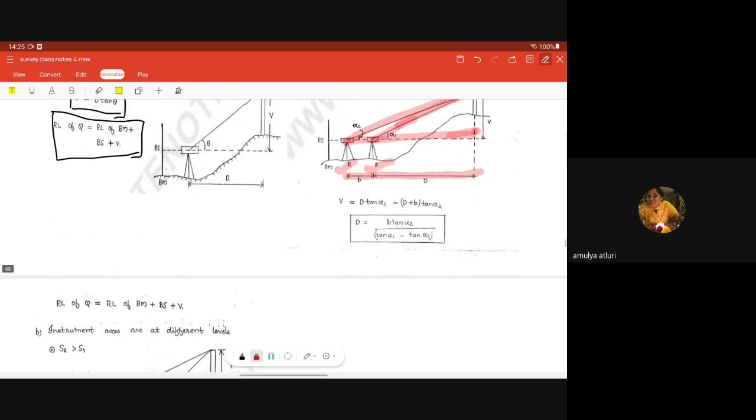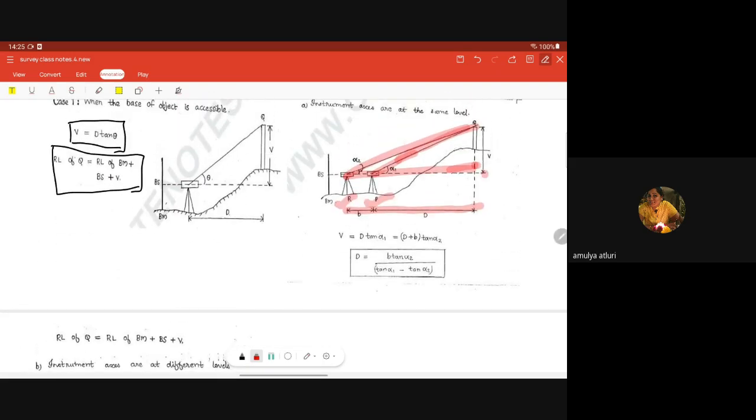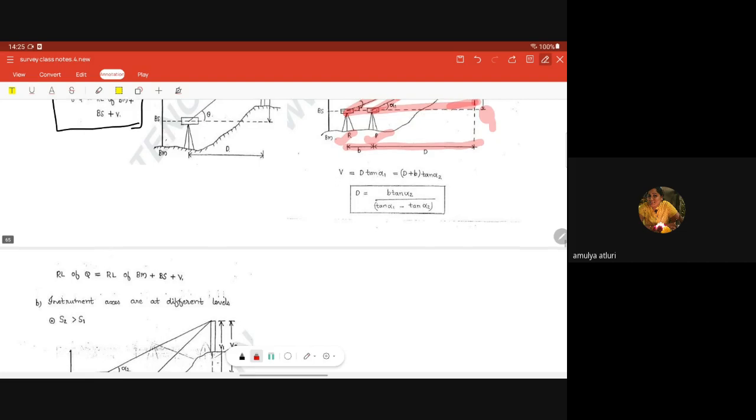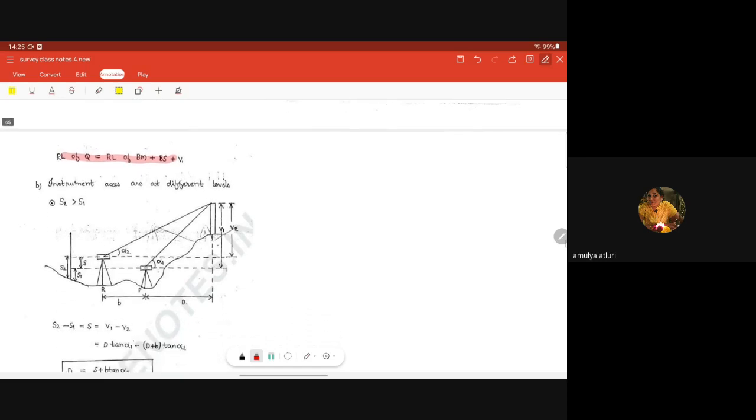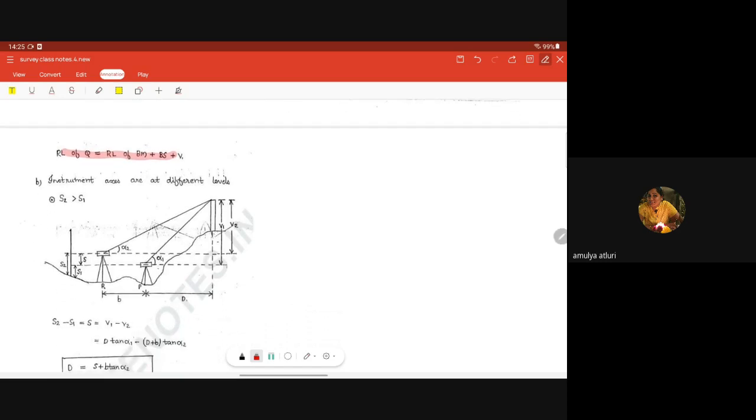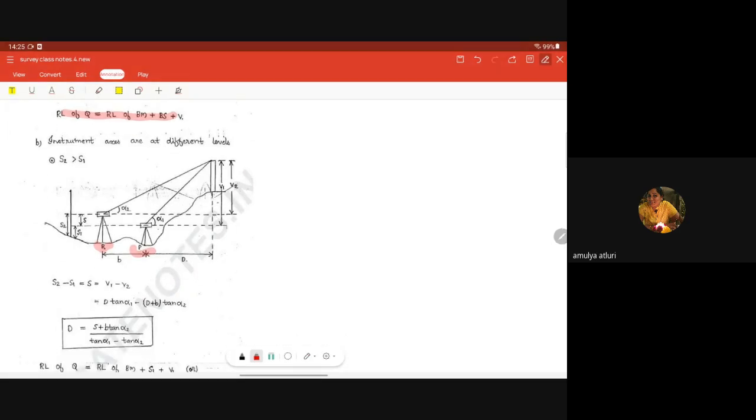Next, what will be the RL of Q here? This is Q. RL of Q is RL of BM plus BS plus V1. Now, if my instrument axes are at different levels, you can see S2 minus S1 is S. That is equal to V1 minus V2, the height of the instrument.